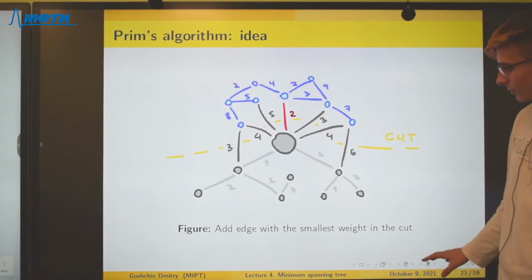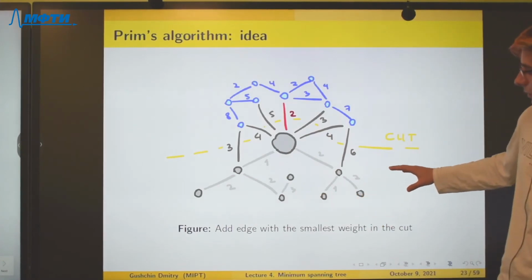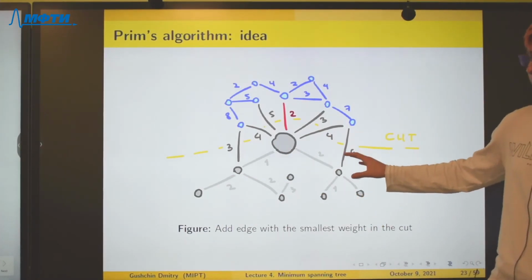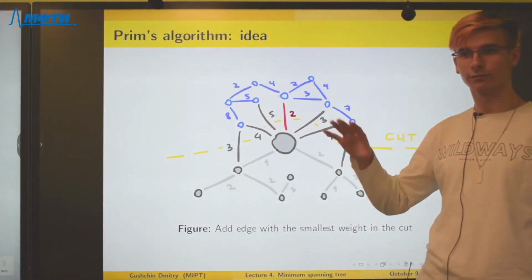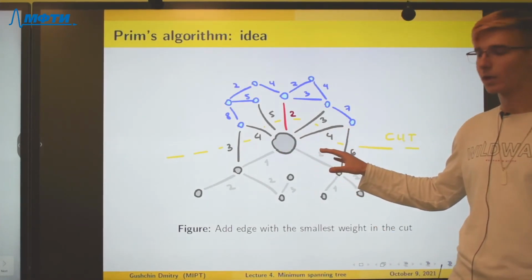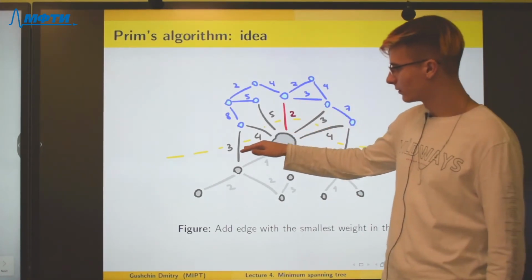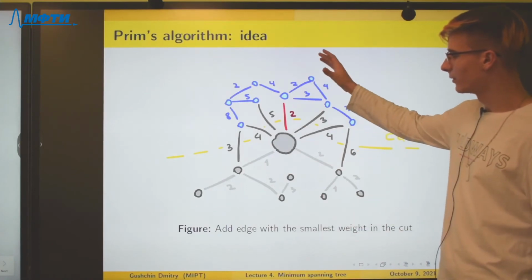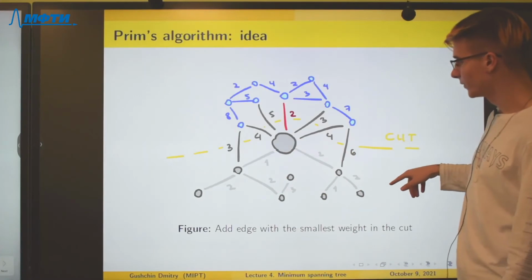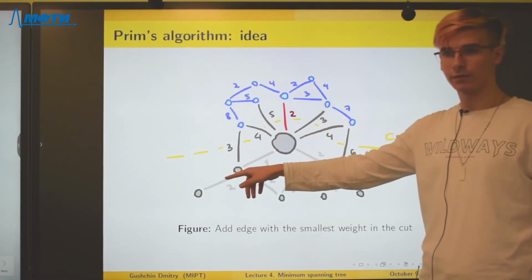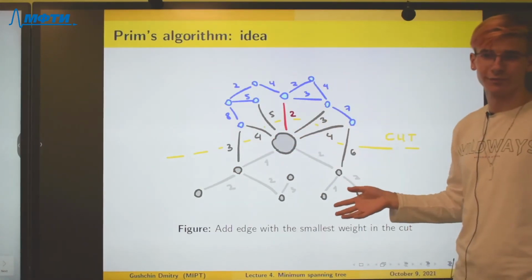If we already have some subgraph that is a tree, not a spanning tree, but a tree, we can set a cut that divides our graph into two parts: in one part we have our tree, in the other the residue of our graph.